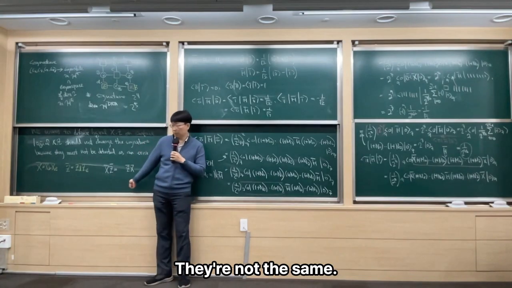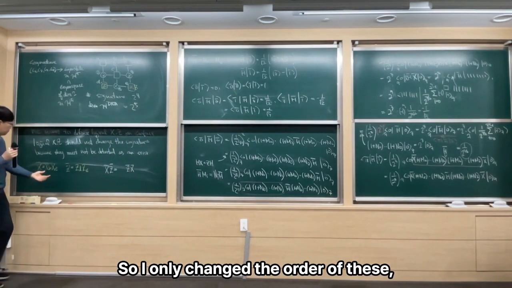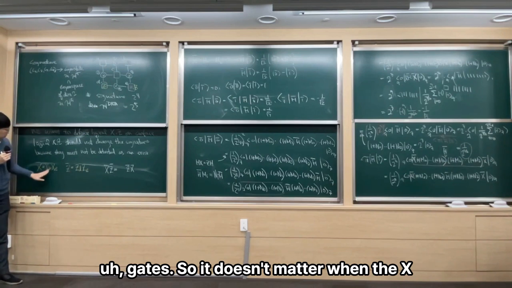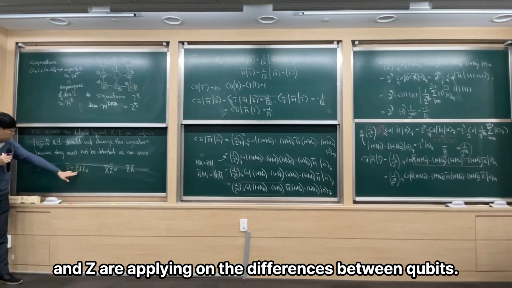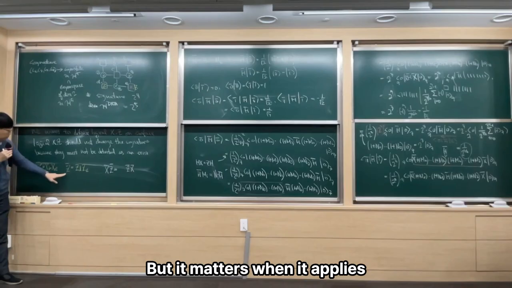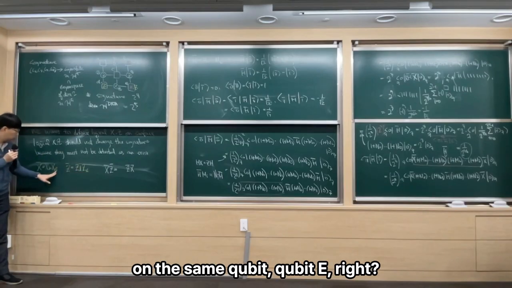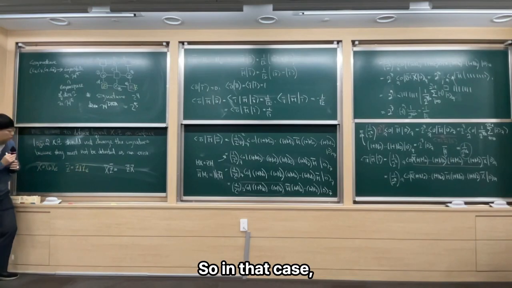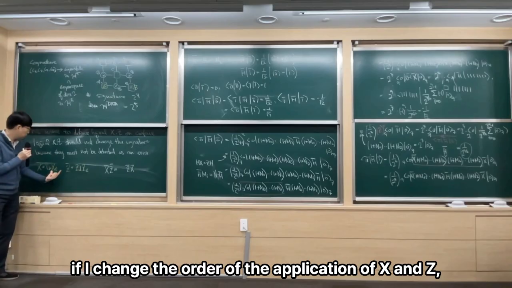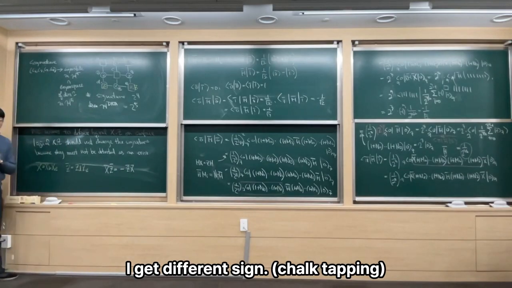They're not the same, I only changed the order of these gates. It doesn't matter when X and Z are applied on different physical qubits, but it matters when they apply on the same qubit, qubit E. If I change the order of application of X and Z, I get a different sign.